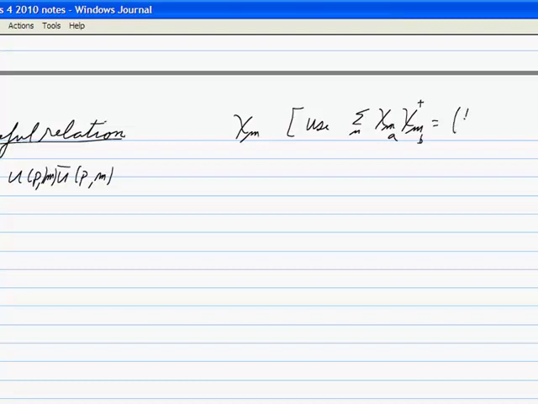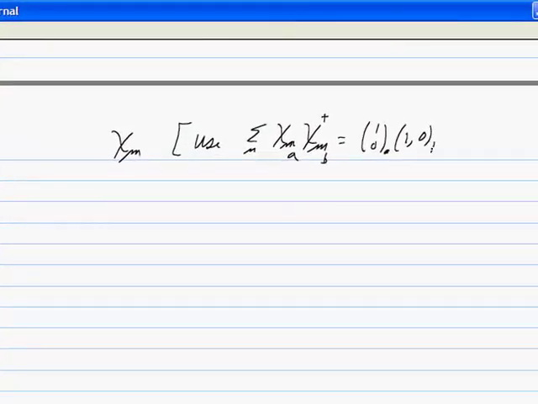So the first one is 1, 0, A, 1, 0, B, and the second one is 0, 1, B, A, 0, 1, B. Okay, so here's the row vector, here's the conjugate.